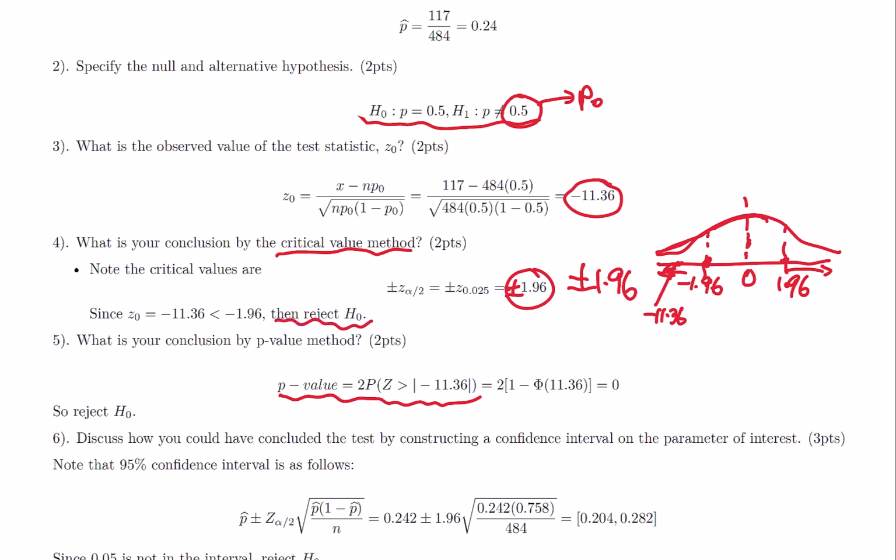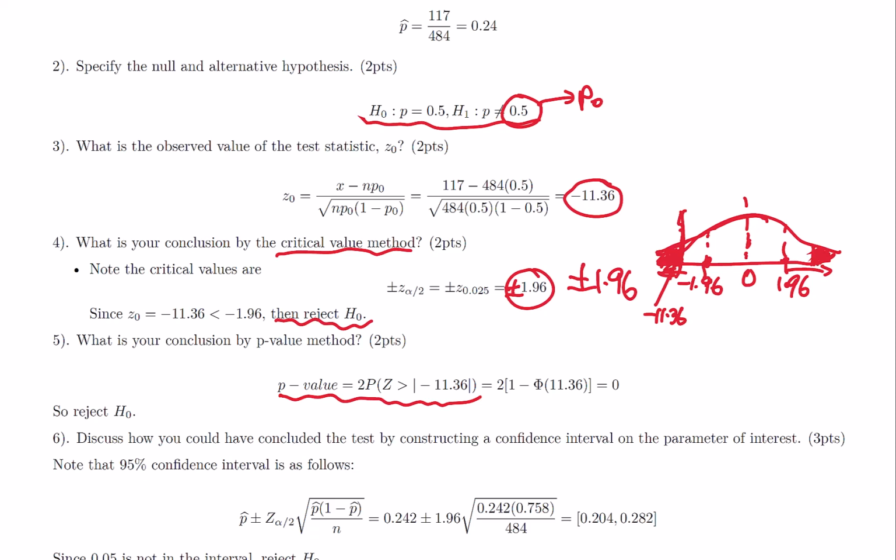And also, this is a good chance to talk about the p-value, because our observed value is right here, right? Negative 11.36. So our p-value is either less than this guy or greater than this guy, okay? Two-tailed. Don't forget, it's very easy to get the left side, excuse me.